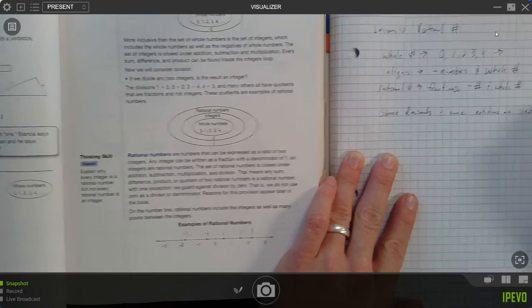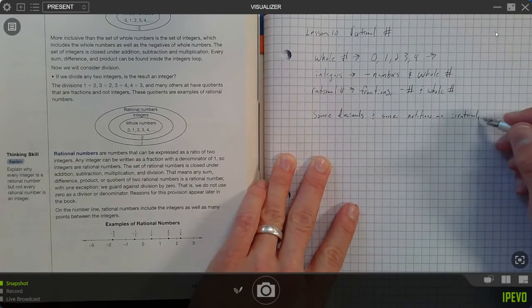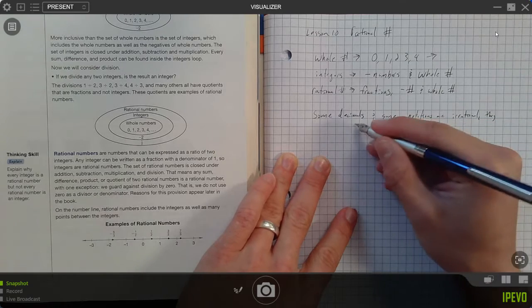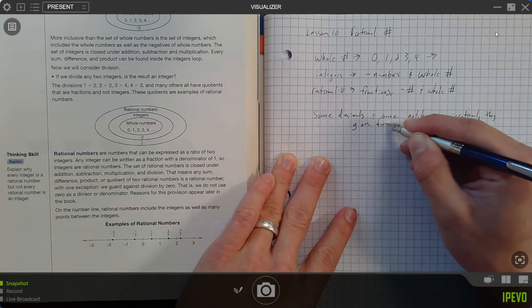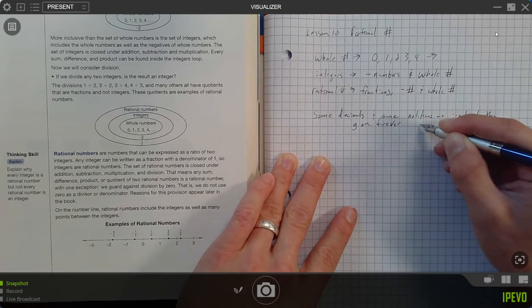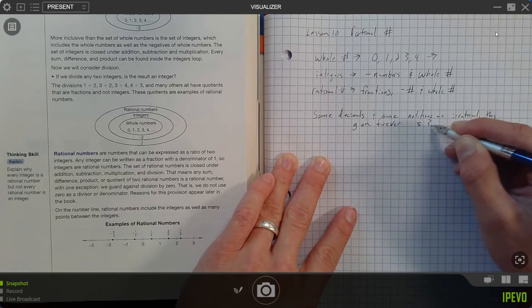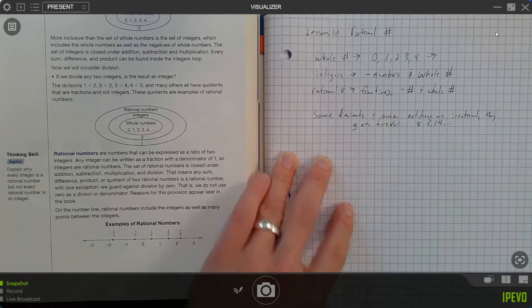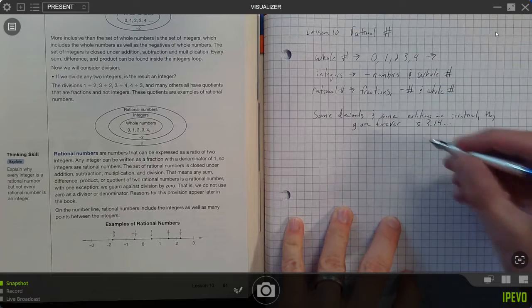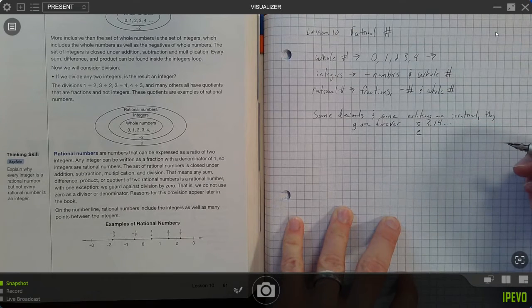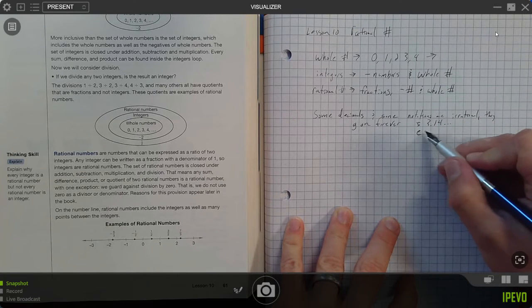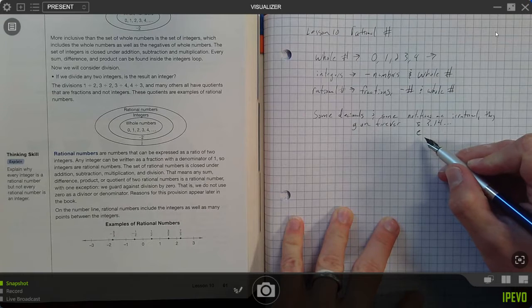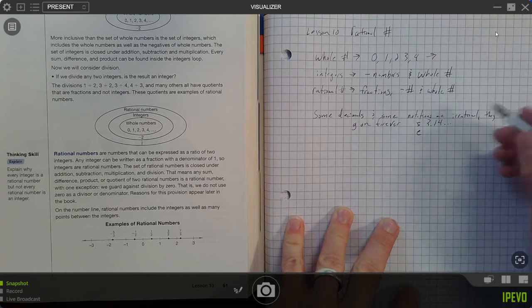They go on forever. So pi, 3.14..., that is an irrational number. E is an irrational number. And E is a notation you'll probably never come across, unless you go really into math.